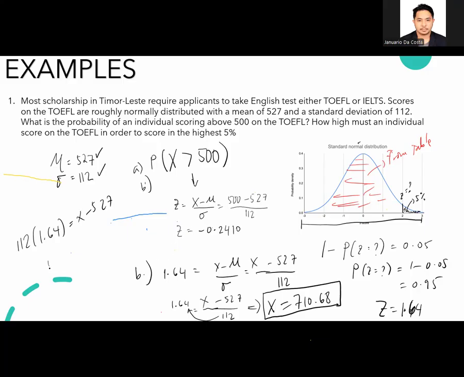That will be 183.68 equals X minus 527. Therefore, X is equal to 183.68 plus 527. What is that? $710.68. Okay, got it? Okay, got it, teacher.